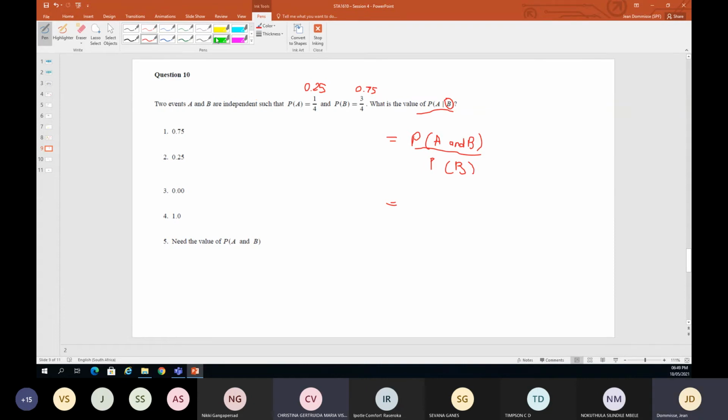So they tell us it is independent. So because it's independent, it is the probability of A times the probability of B, and that then divided by the probability of B.